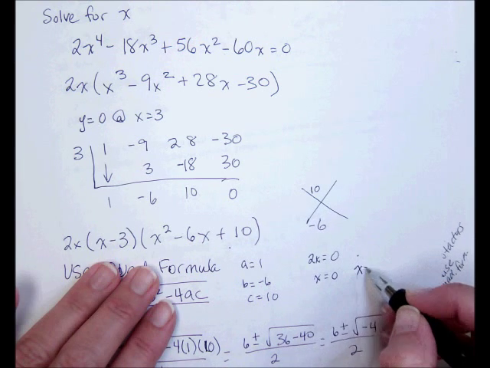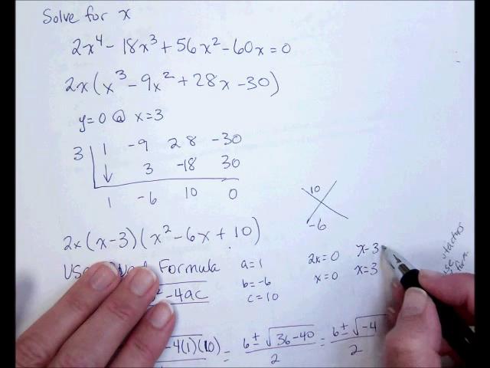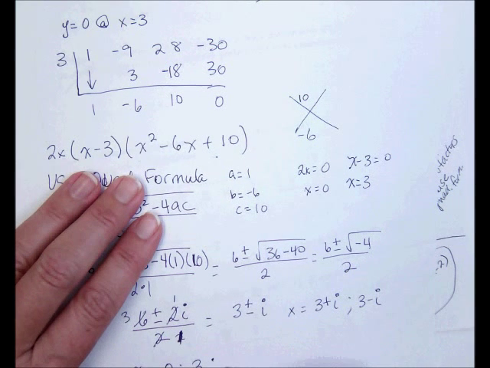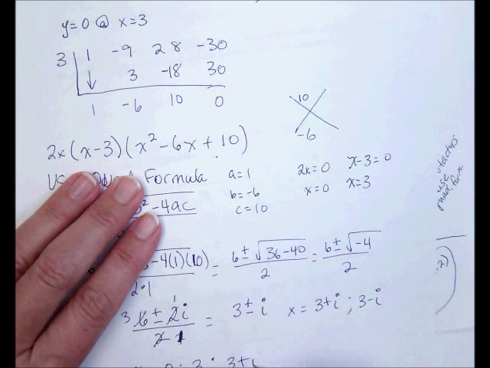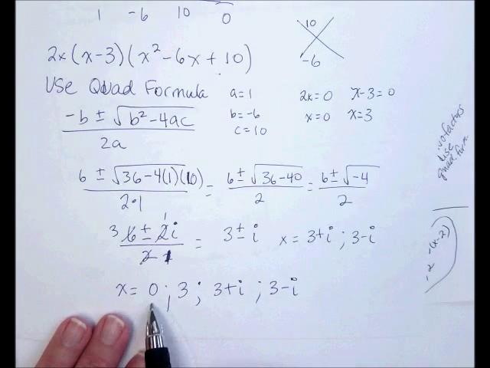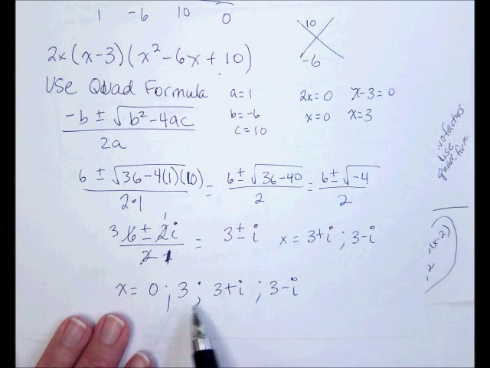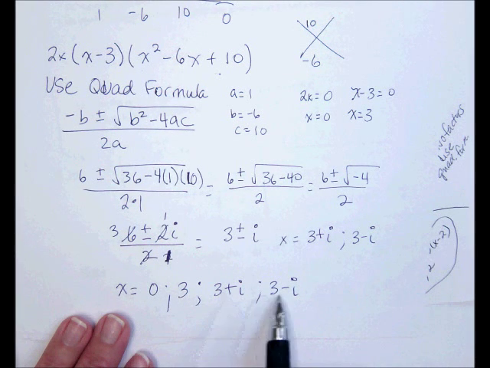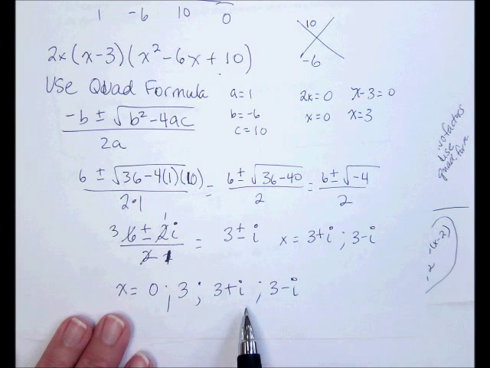And x is equal to 3, because x minus 3 equal to 0 is 3. And also, x can be equal to 3 plus i and 3 minus i. And this is the situation where I have 2 real rational roots, and I have 2 imaginary roots.